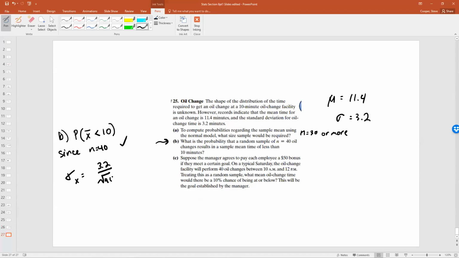That doesn't change. So if I take 3.2 divided by the square root of 40, you get 0.506.